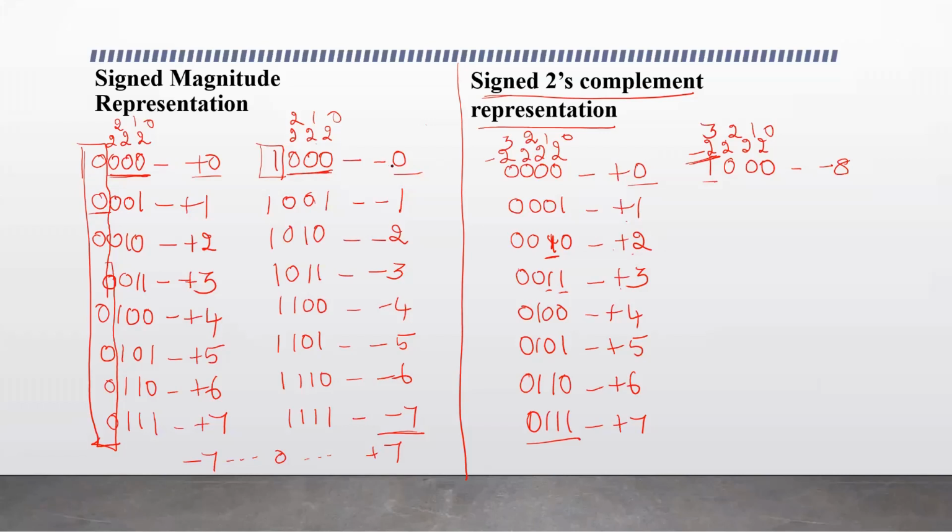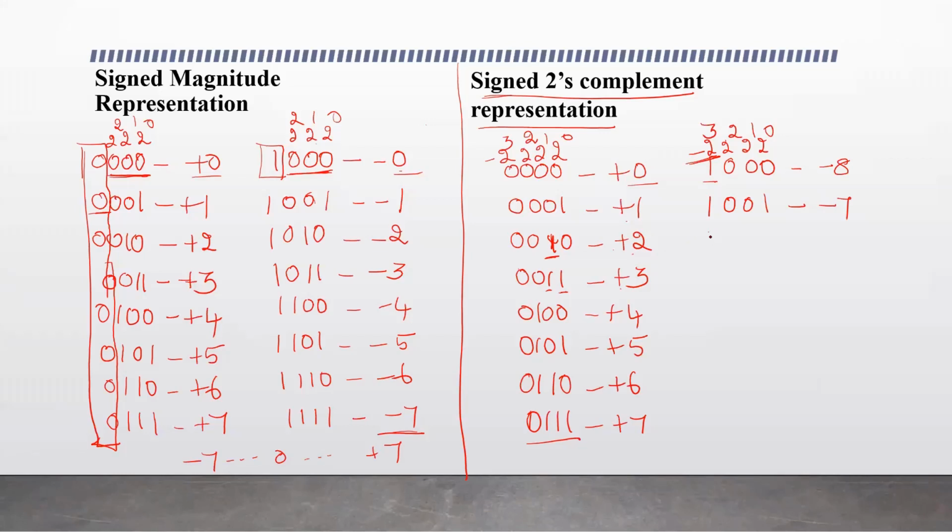So 0 0 0 is 0. And here, the sign bit is treated with the magnitude. To find the number, we multiply. Here the position given is minus 2 power 3 as it is a sign bit, so it is minus 8. And next one, 1 0 0 1 is minus 8 plus 1, that is minus 7.